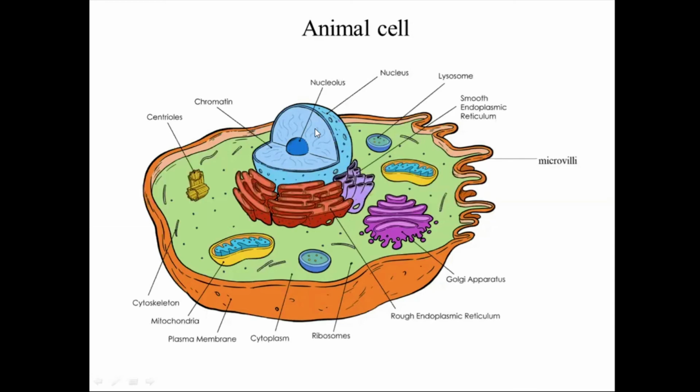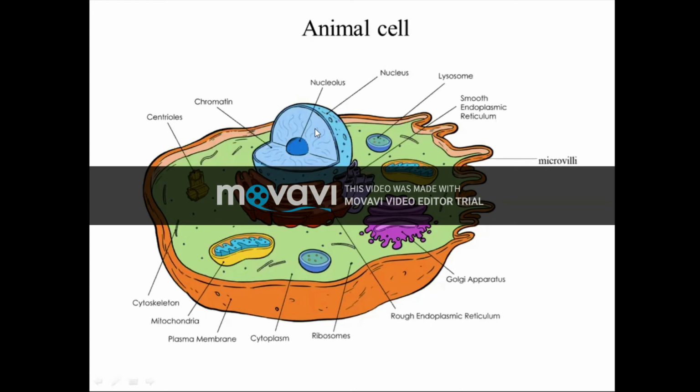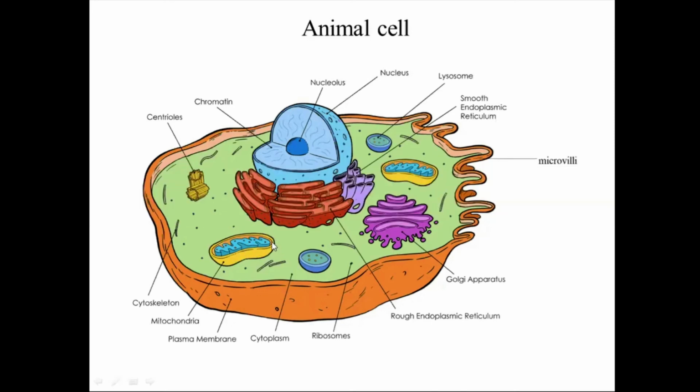That is why when a cell divides to produce another cell, the nature of the cell remains the same. Another important organelle for the cell is the mitochondria. It is also found in both cases. The mitochondria is a membrane-bounded organelle which is responsible for energy production. That is why we call the mitochondria the powerhouse of a cell.